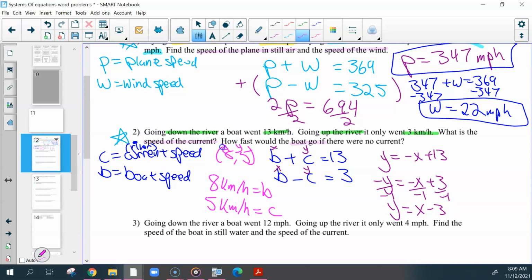If you were doing it in your calculator, that's about as much work as I would need to see. If you converted them both into slope-intercept form, you found the ordered pair, and then you converted that ordered pair into your answers with units. But I would need to know that you know which is which.